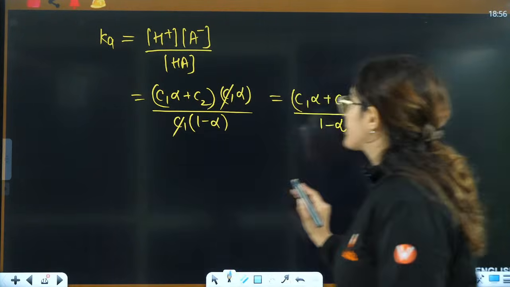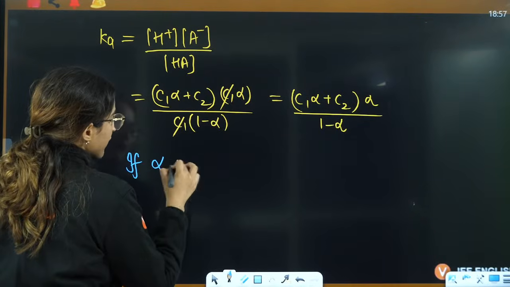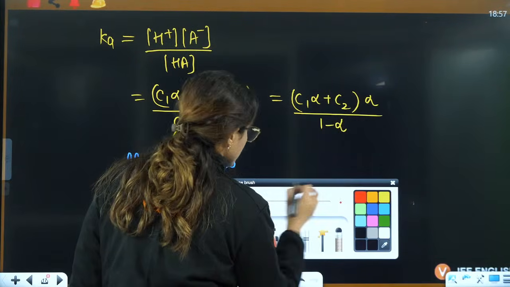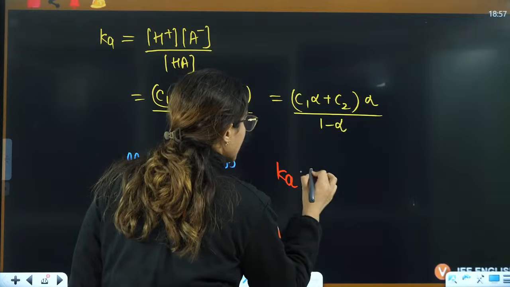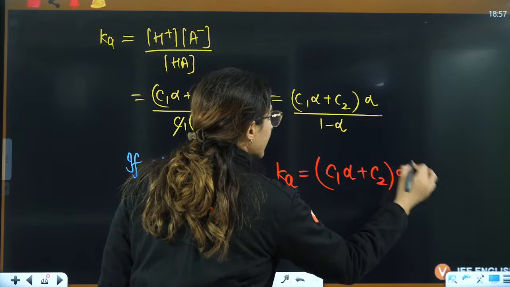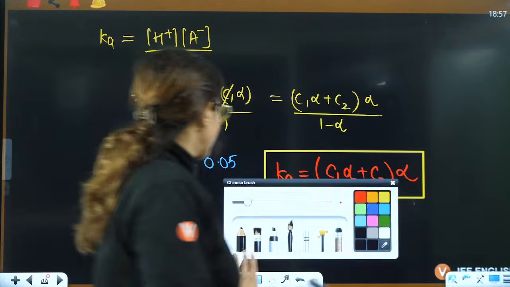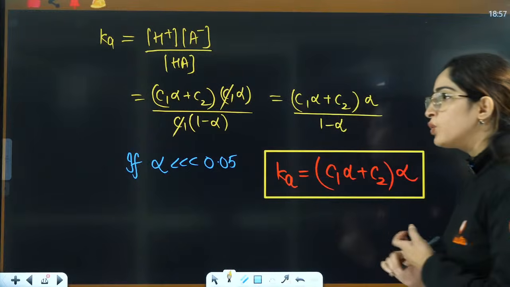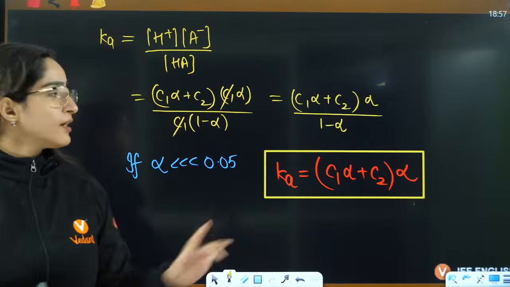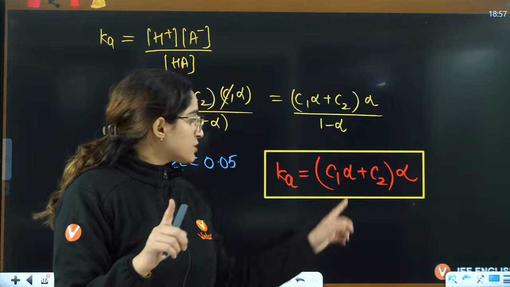If alpha is very much less than 0.05, then we can say Ka equals C1 alpha plus C2, multiplied by alpha, and that is going to be your answer for Ka when they have given you one strong acid and one weak acid, along with the degree of dissociation alpha of the weak acid.